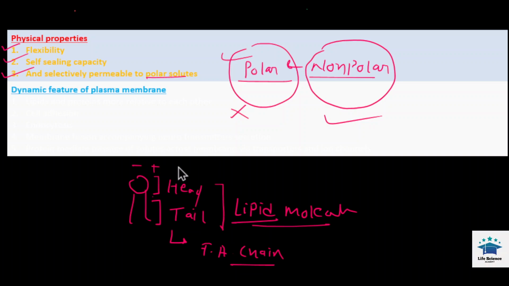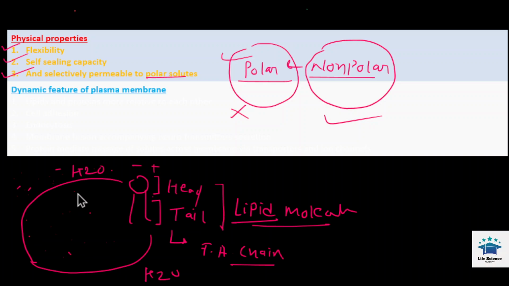As you all know, the lipid bilayer is non-polar in nature. So that's why it creates a boundary. In the surrounding region, there will be presence of water. And under the cytosol, there will also be presence of water. So outer and inner area is rich in water molecules, and lipid bilayer is non-polar and water is a polar molecule.